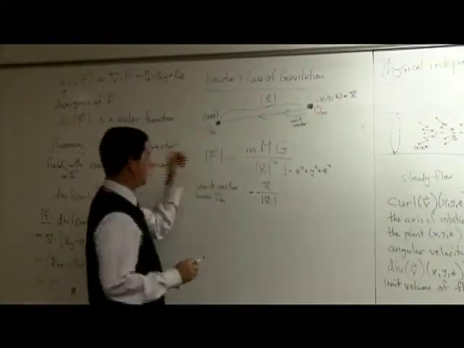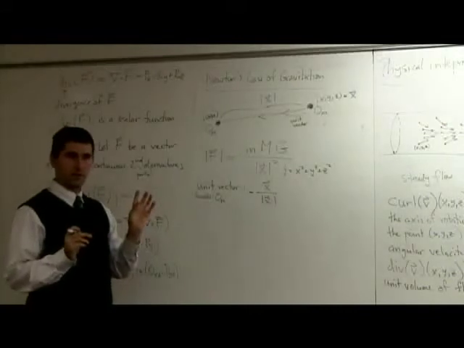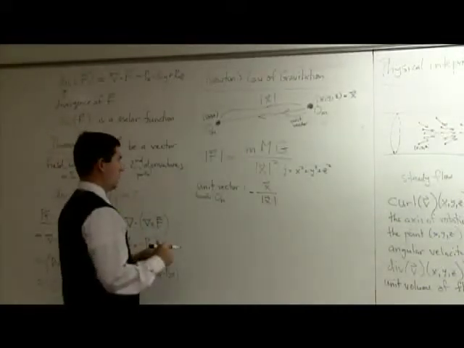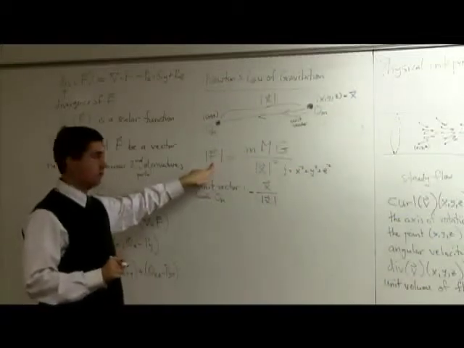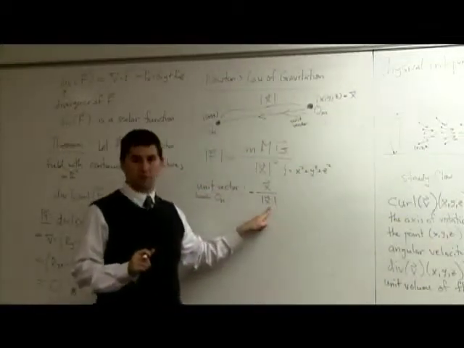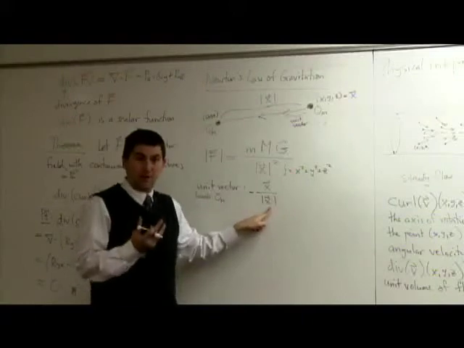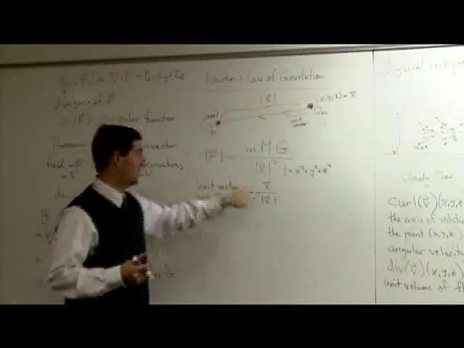So, what is the actual vector field itself? Well, if you know the magnitude of the vector field, and you know its direction, as given by the unit vector, you can get the actual vector field by multiplying its magnitude times the unit vector.